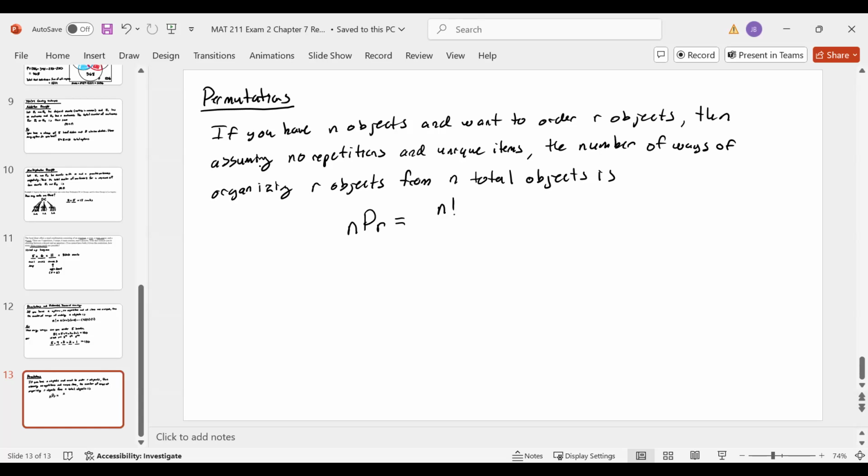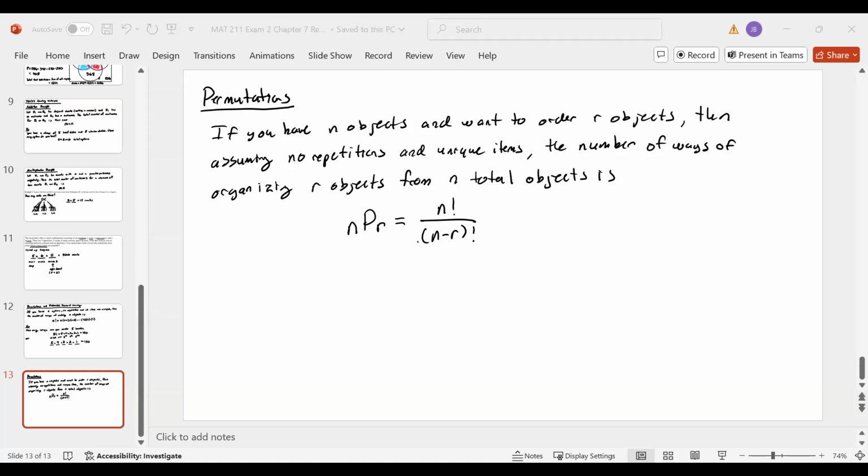So it's going to be n factorial over n minus r factorial, like that. Okay. And then it is also multiplied by r factorial, like that. Nope, no r factorial. That's combinations. One step ahead of myself. So n minus r factorial. There we go. So that's your permutation formula.